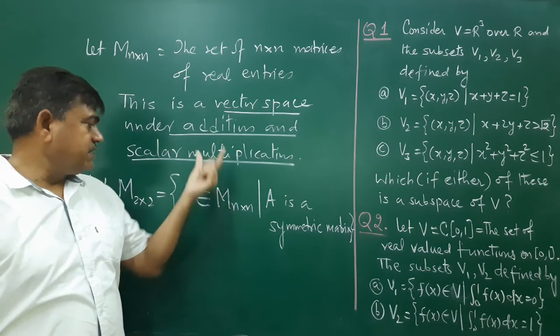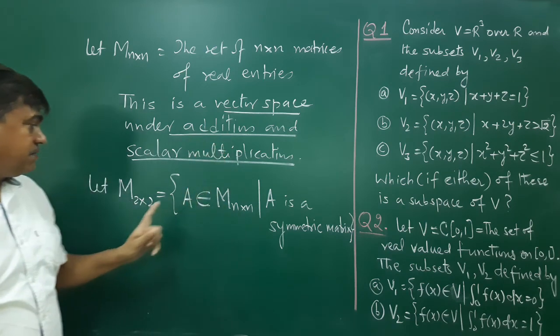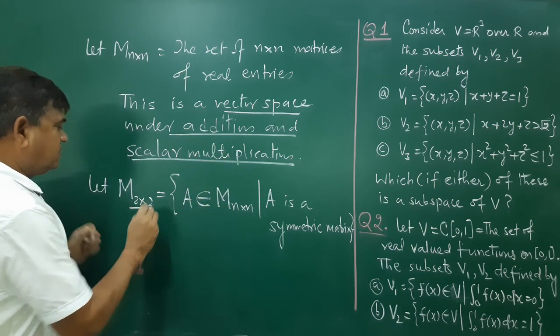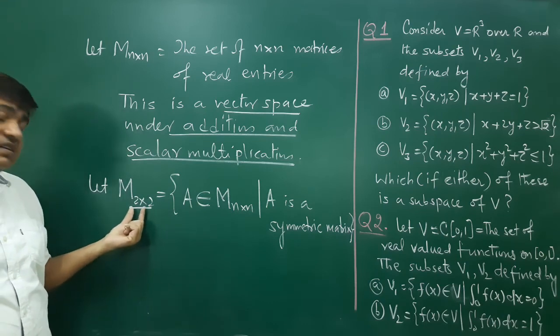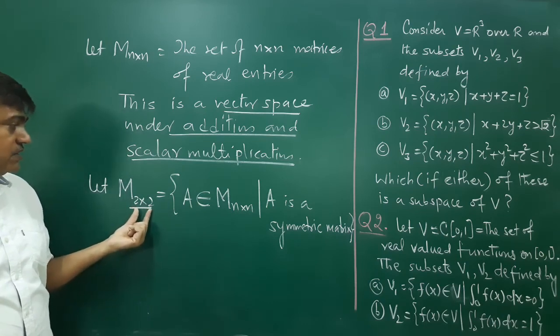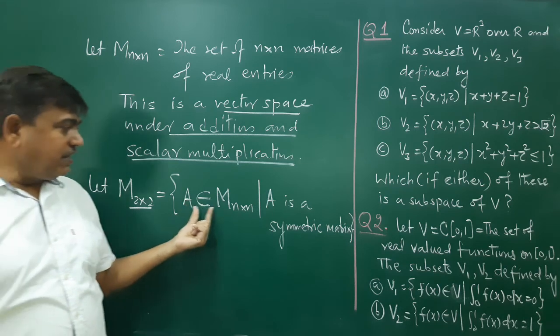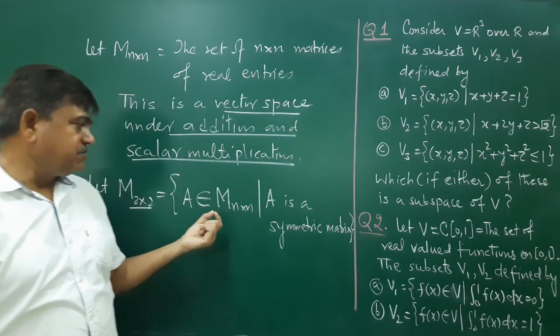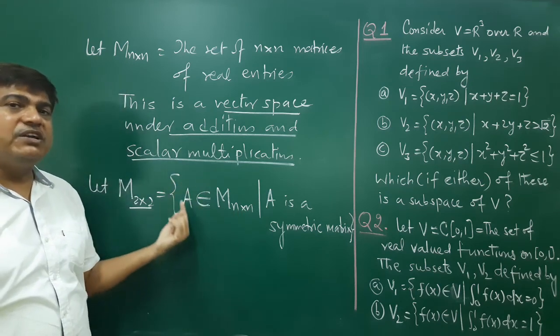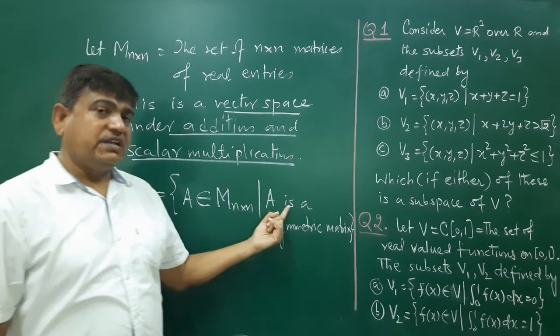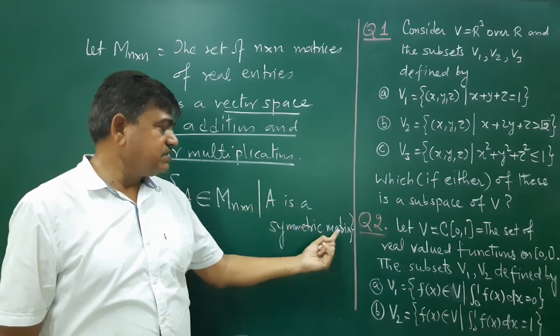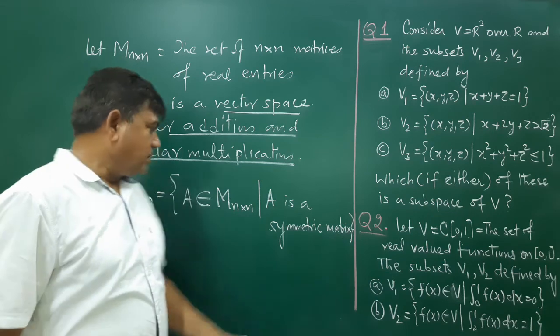Remember, here the order is fixed: I have considered M as square matrices of order 2 by 2, and A is a member of this set. That means you have to consider all 2 by 2 matrices in such a way that A is a symmetric matrix.